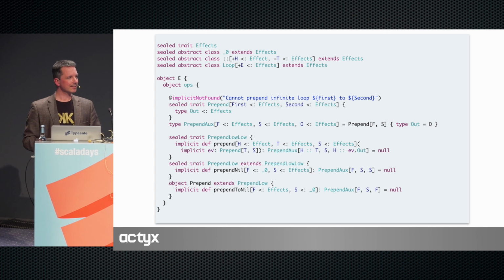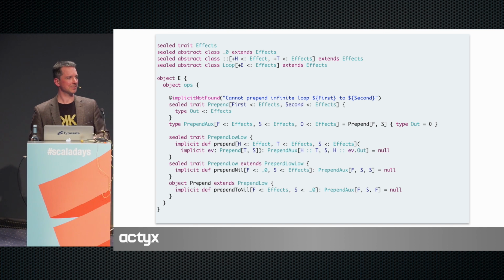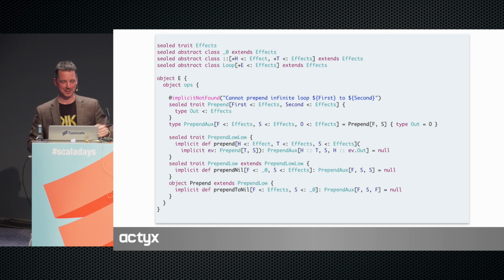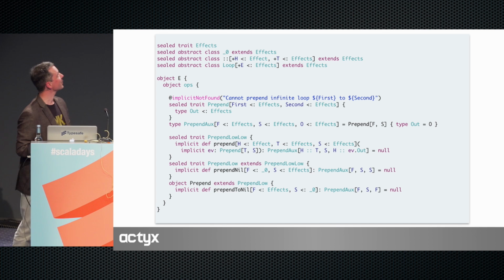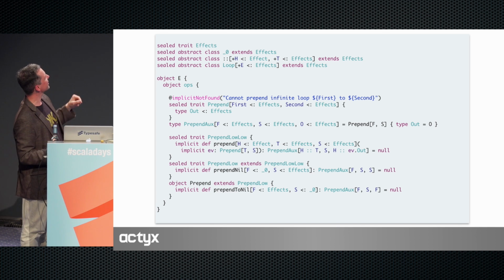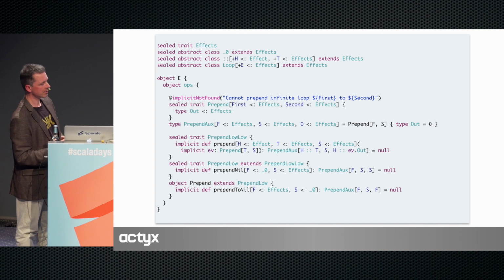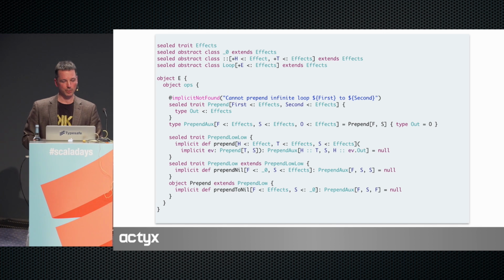So if we... Yeah, stacks. Okay, yeah, it's HStack, by the way, as Victor says. Just showing the Prepend here, we want to prepend first to second, and there is a type Out that will be a subtype of Effects as well.